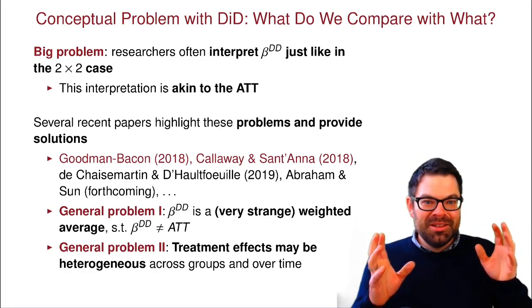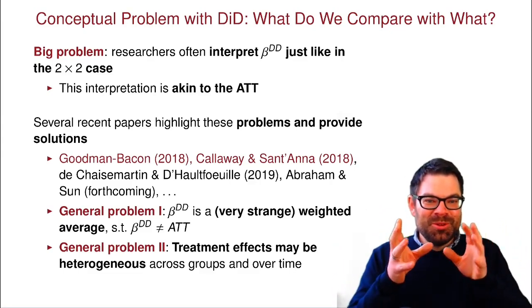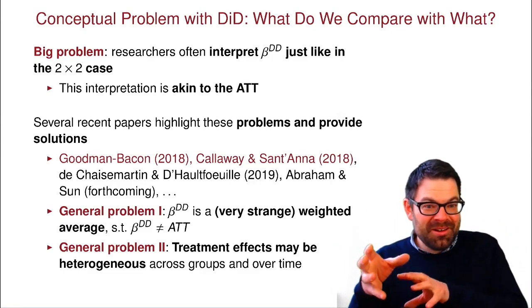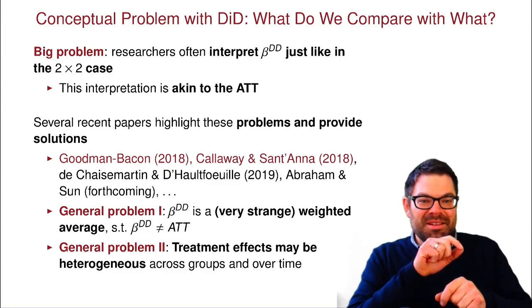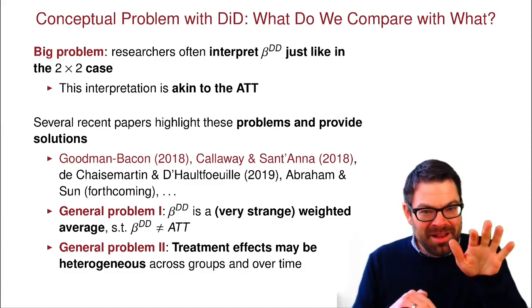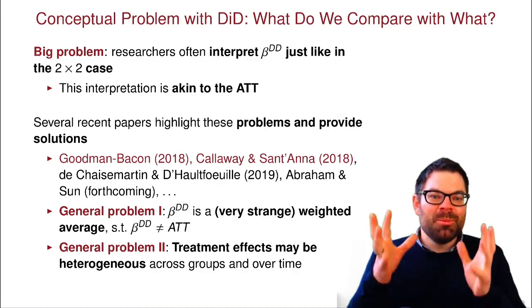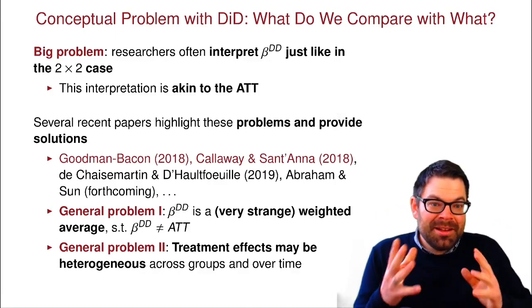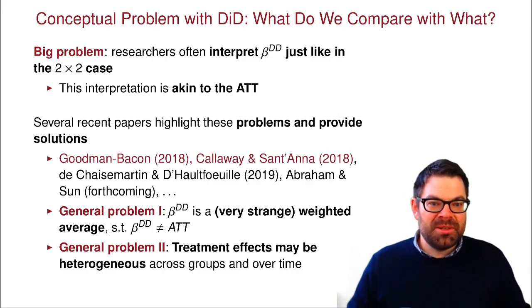And so you get a weighted average over units that have been treated earlier and later, and that were pushed by the treatment onto a different time path, or that differ in the size of the treatment effect. And that all comes into that weighted average. And then that weighted average becomes really, really hard to interpret.